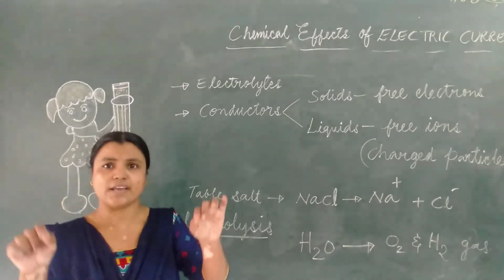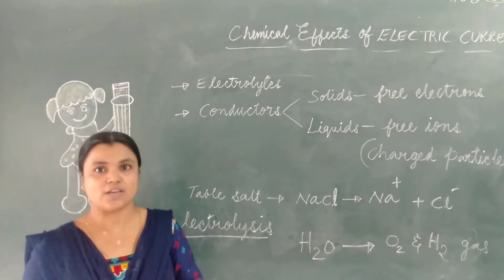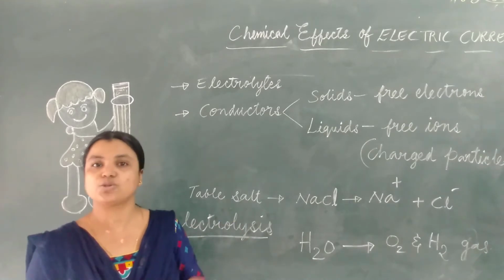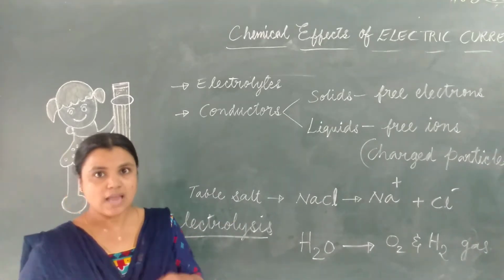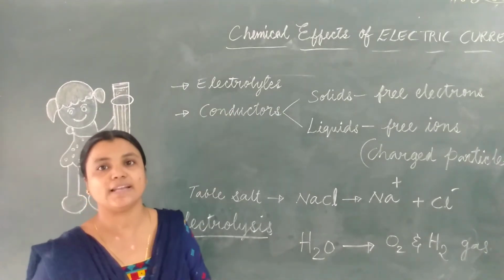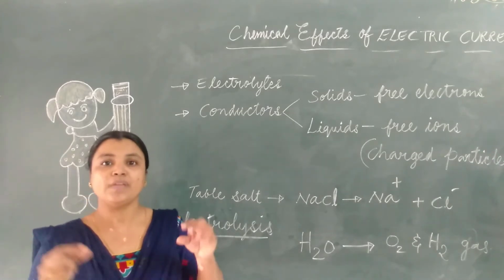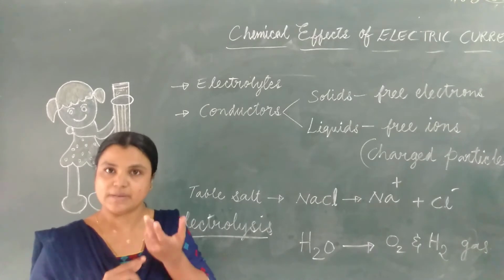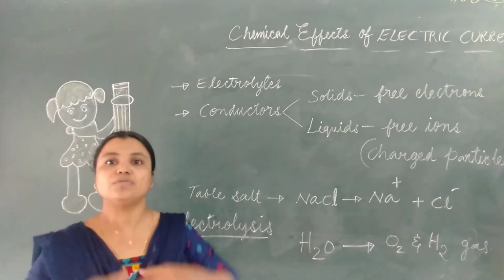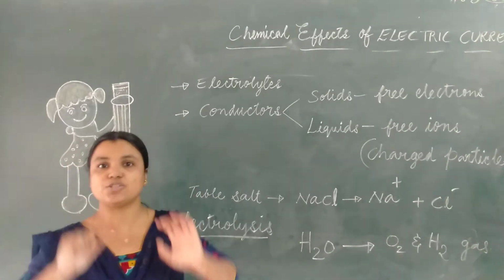You can just arrange a few components, like a cell or a battery, and then a small bulb that can be connected to the substance in question. Because here we are talking about liquid conductors, nothing but electrolytes, you take a small beaker or container, preferably a glass or plastic container, and dip in the two free ends of the wire, and then connect it to a battery.